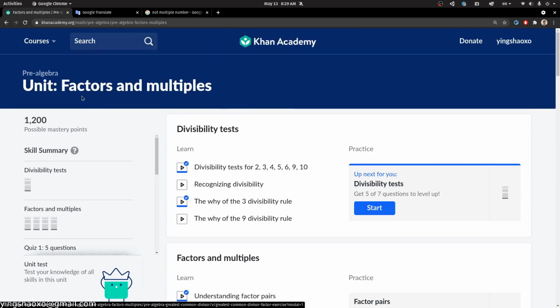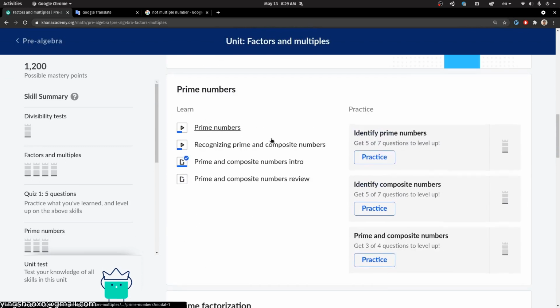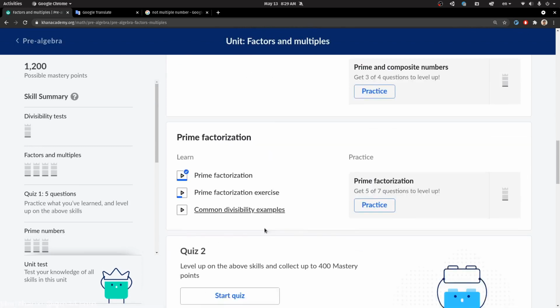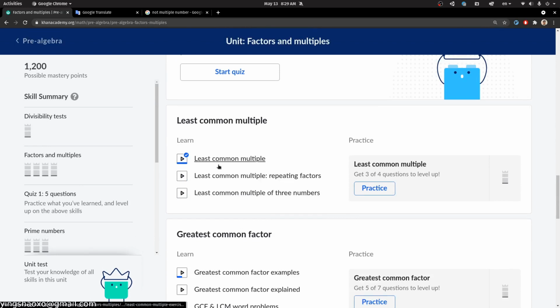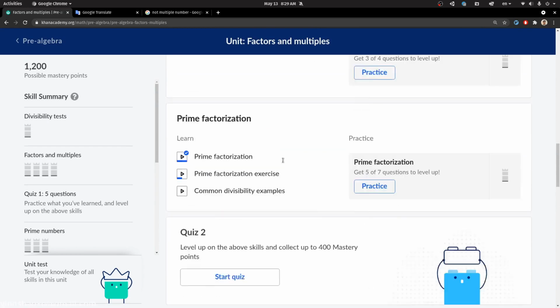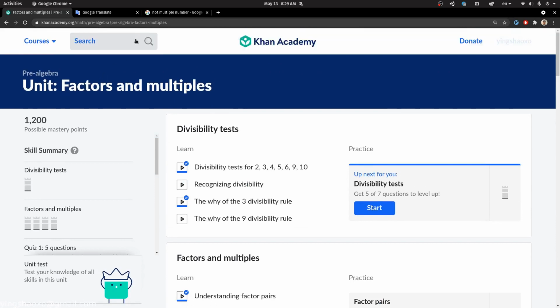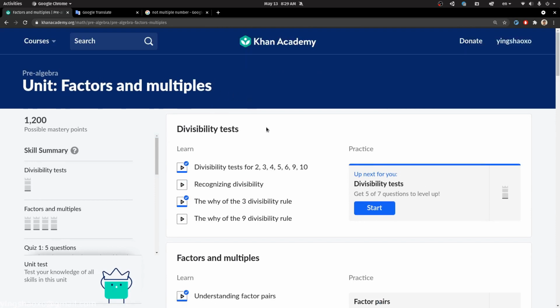Okay, this is basically today's learning. In today's learning, we have learned the factors and multiples, and even more, I guess. We also have learned the prime number and prime factorization, and the least common multiple, and the greatest common factor or divisor. That's what we have learned. Basically, if you are learning it by yourself, you'd better write some notes down.